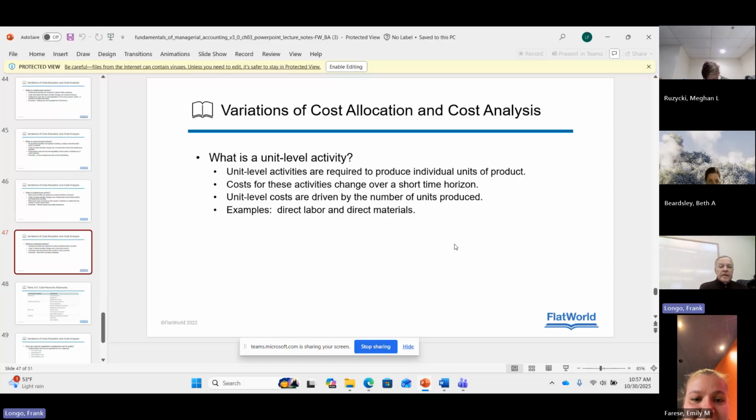A unit level activity. These are the costs to make the individual units. The driver of this is the number of units we make. The more units we make, the more materials we use. So that would be direct materials.